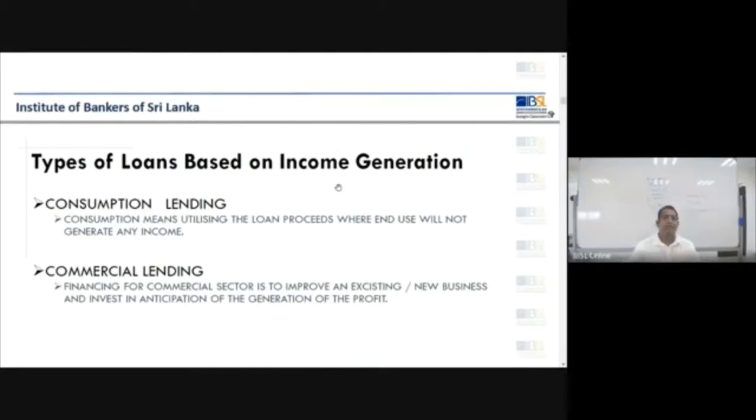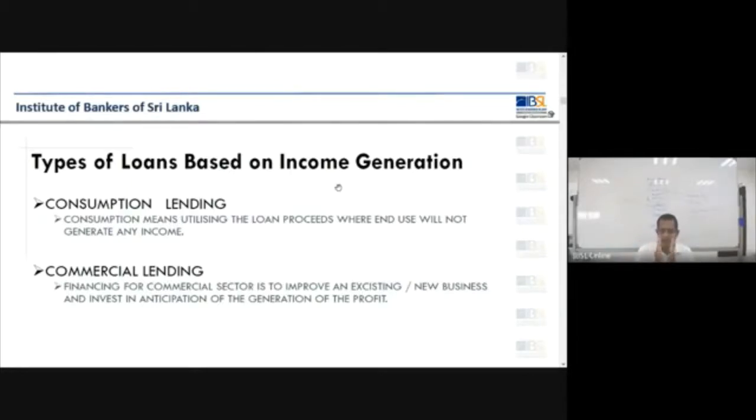Right. Then type of loans based on income generation. Funding can be divided into two: consumption lending and commercial lending. Consumption lending is when the funds are used to fulfill an end use that will not generate income to service the facility.